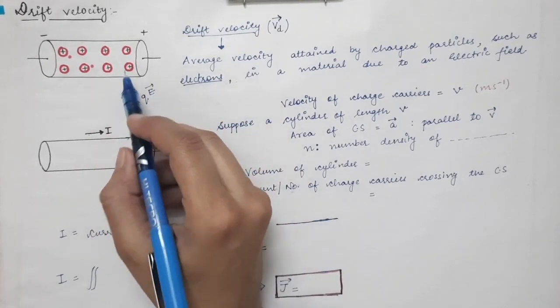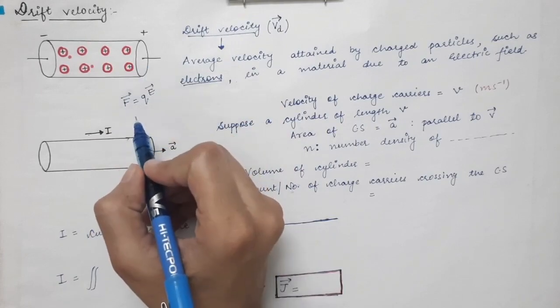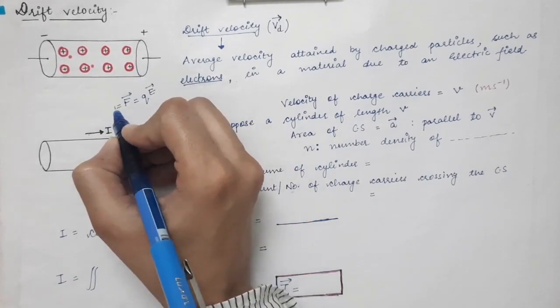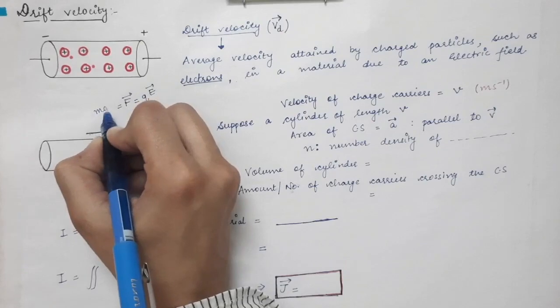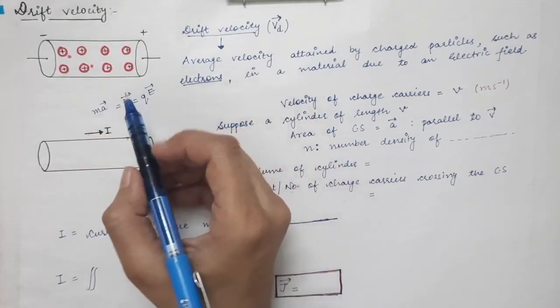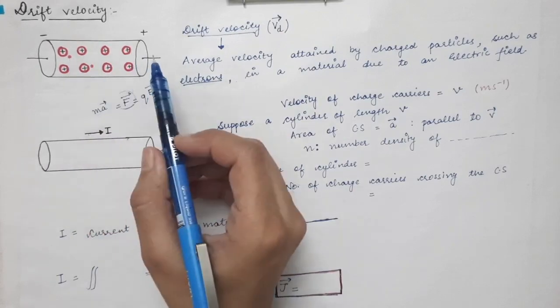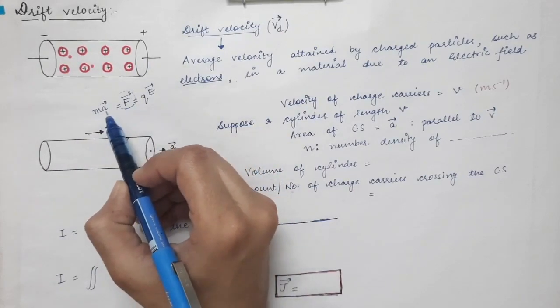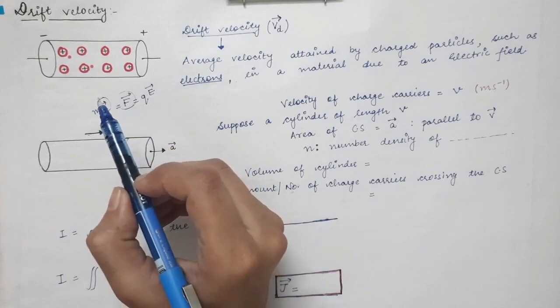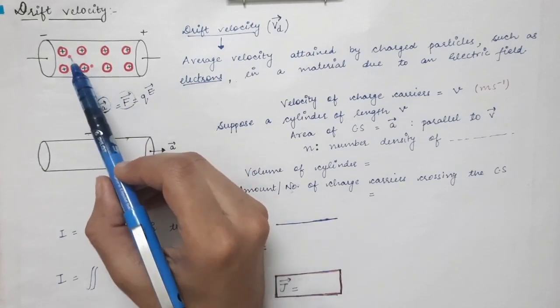So every charged particle will experience a certain force. And according to Newton's second law, force is equal to mass into acceleration. So if there is a force experienced by these charge carriers, it means there is a certain amount of acceleration, so they will start accelerating.